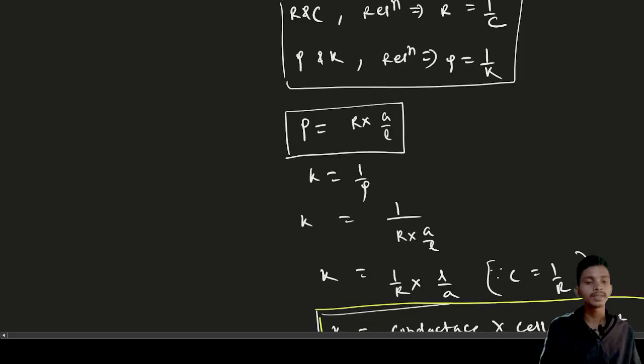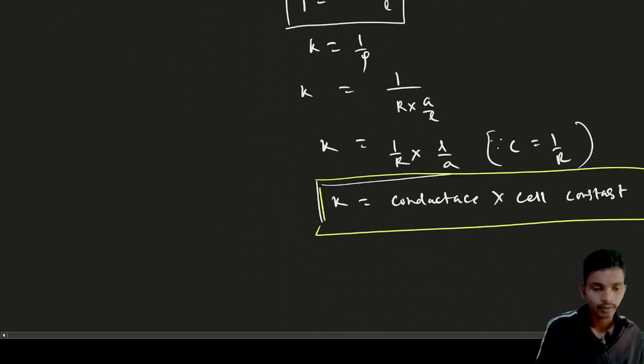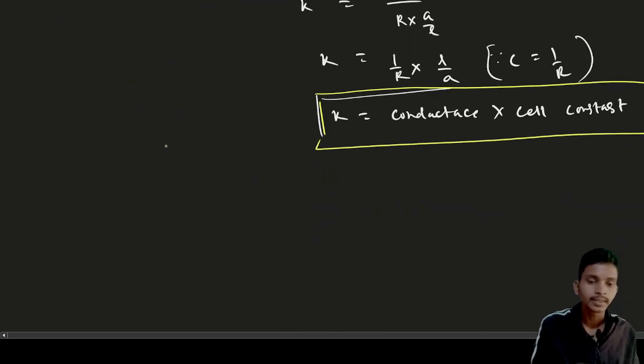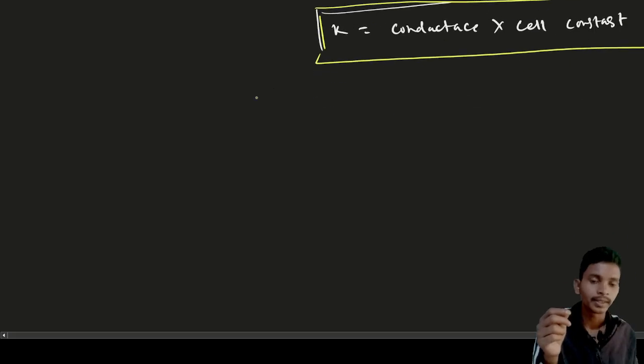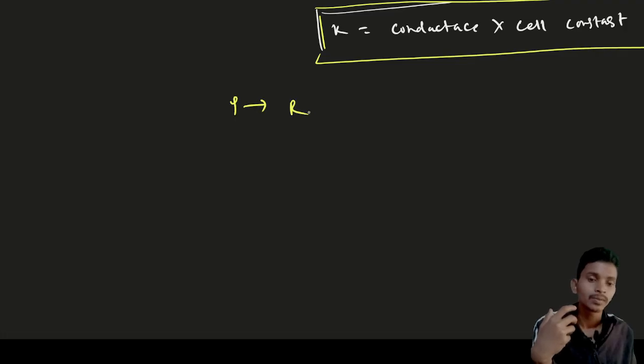So conductance is what? Just as we say that specific resistance came to make the resistance constant, similarly conductivity, or specific conductance, came to specify the conductance.